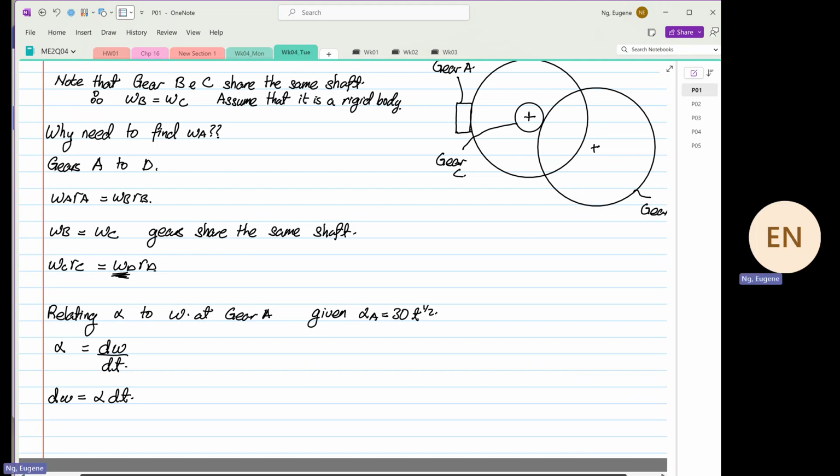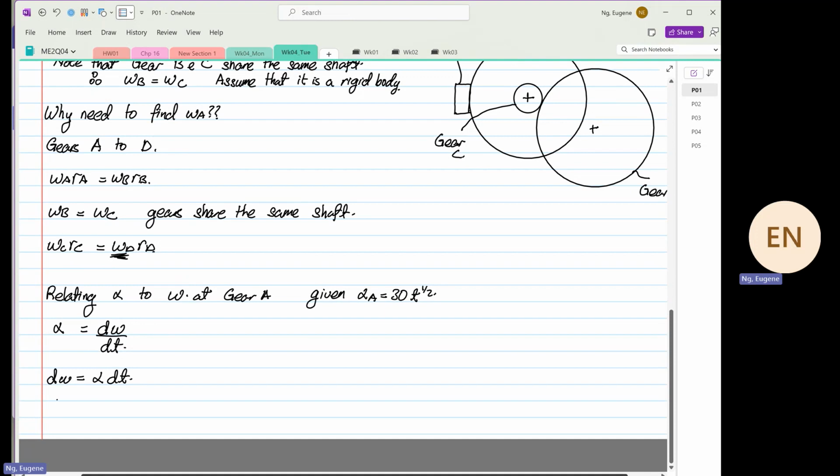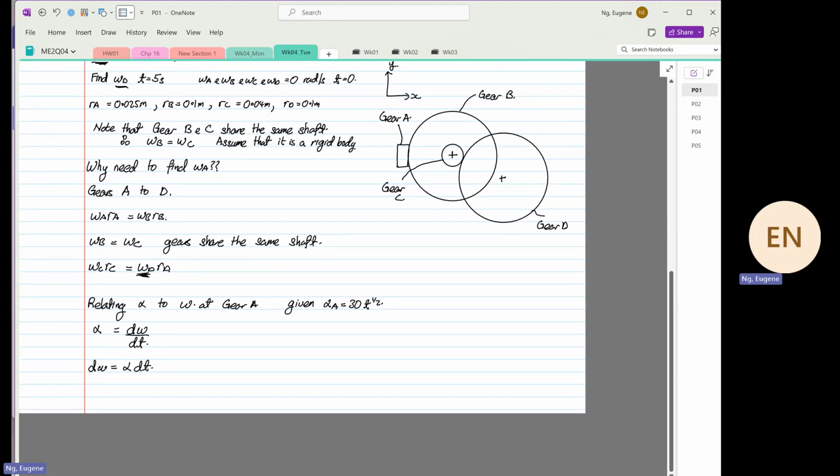So from here, we know that when time is equal to 0, what are the values, right? So we are going to integrate d omega. Let me write over here so I don't need to flip around and you can see.